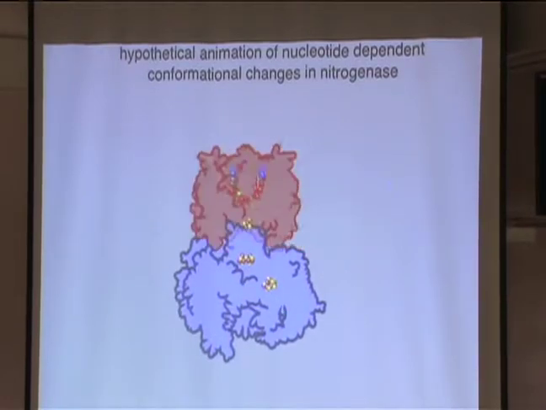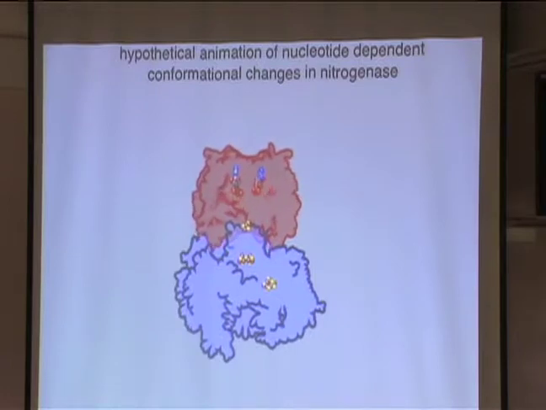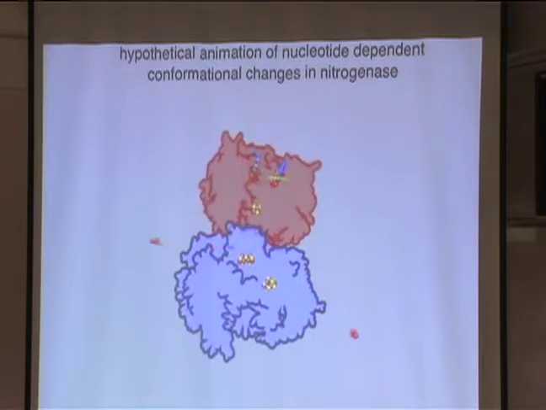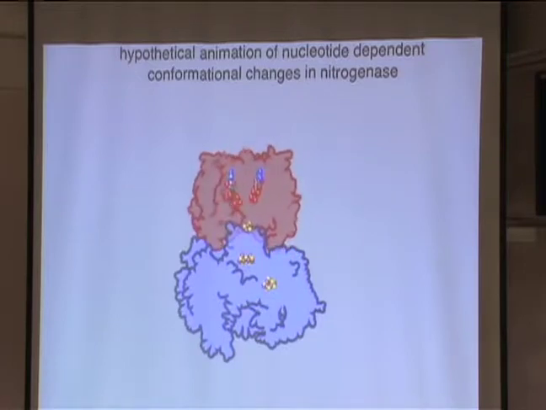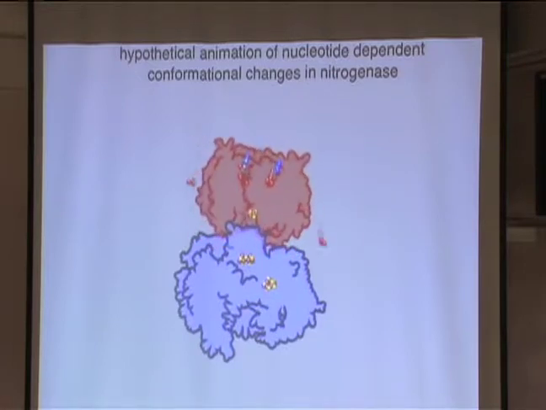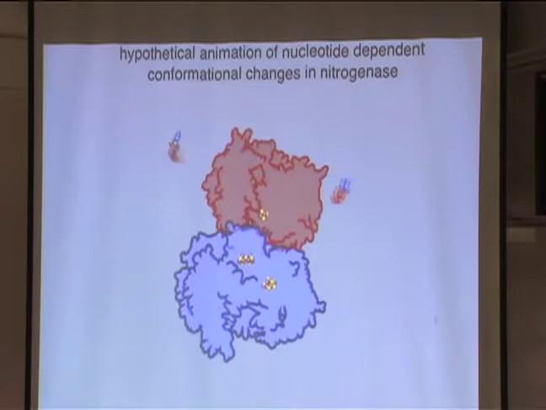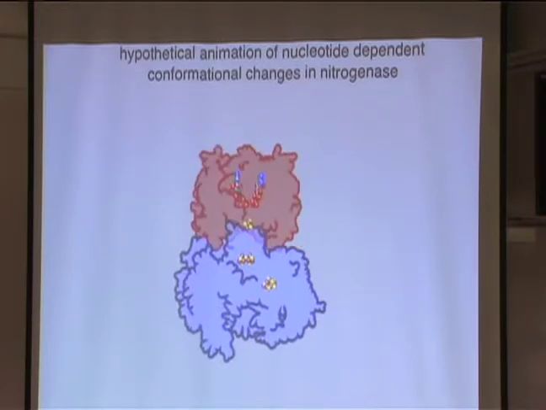As near as we can tell, the most significant, whatever one means by significant, conformational changes are in the iron protein. And while we see small changes in the MoFe protein, it does sort of seem like it's a rock with very few changes taking place so far.